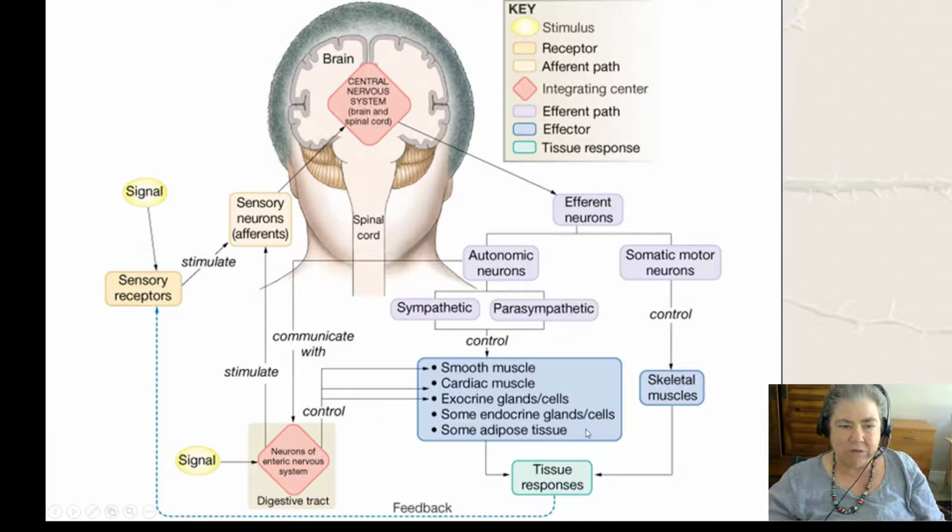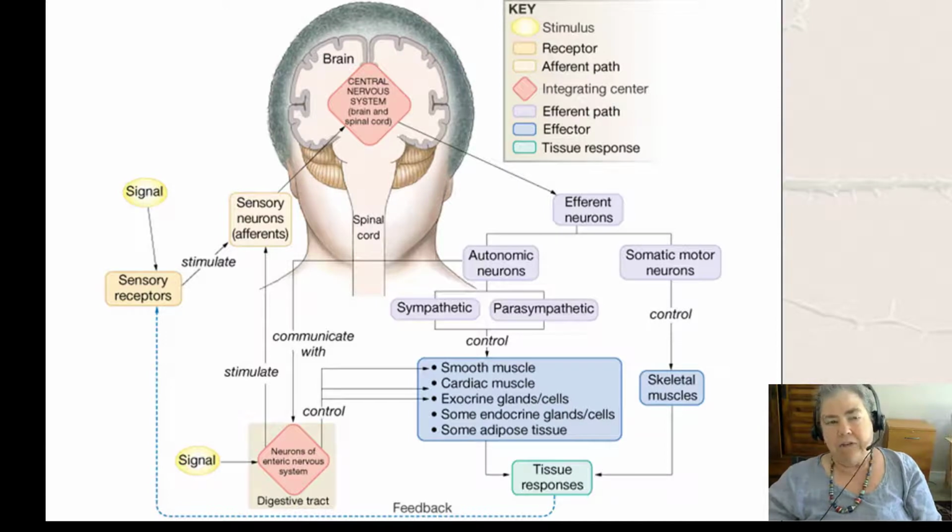So efferent neurons, motor neurons, can be either somatic motor neurons that control skeletal muscles, or they can be autonomic neurons in the brain and spinal cord that could be sympathetic or parasympathetic. The autonomic neurons communicate with the enteric nervous system, and we'll talk about that in a lot more detail when we get to the gastrointestinal section of the physiology course.